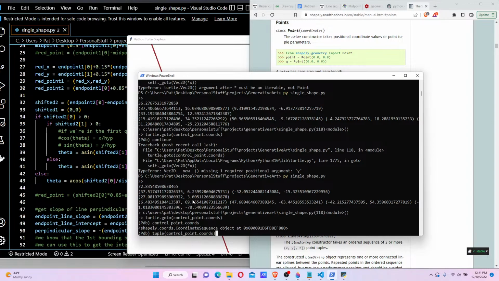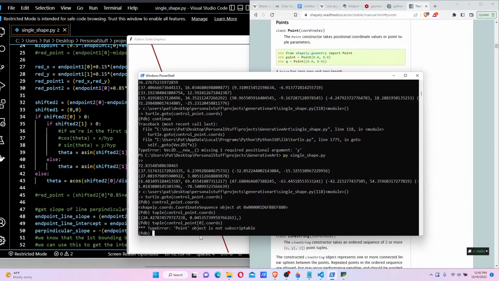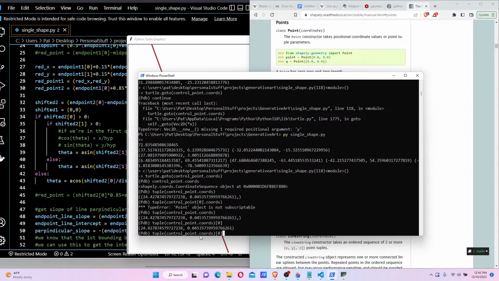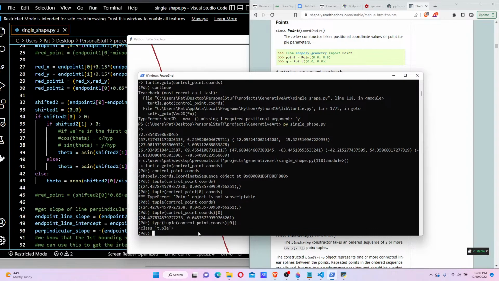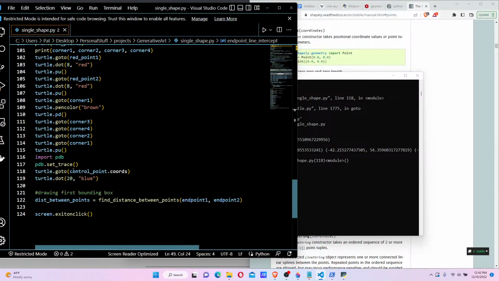Put this as a tuple. Tuple of control point.coords of 0. So tuple of control point.coords of 0.